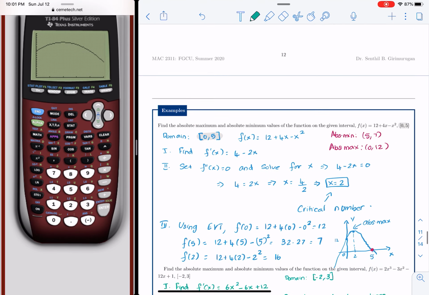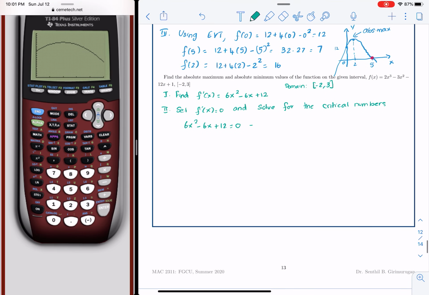We have a 6 in common. 6 times x squared minus x plus 2 equals 0. Divide by 6 on both sides. We would get x squared minus x plus 2 equals 0.